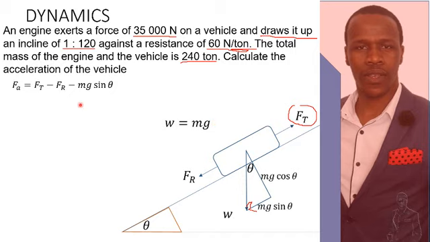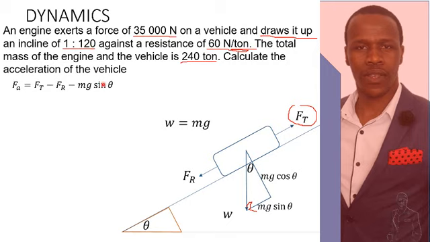Then we can do our substitution. We have 35,000 for our Ft, and Fr is the product of those two, and mg, obviously this is m, which is 240,000 times 9.8. Remember, sine theta equals 1/120.